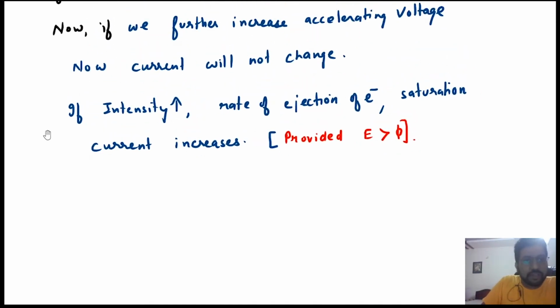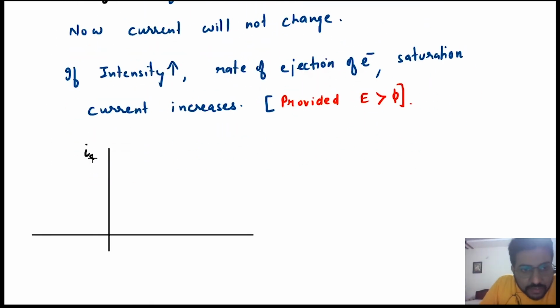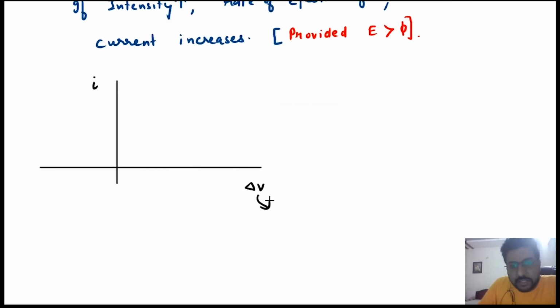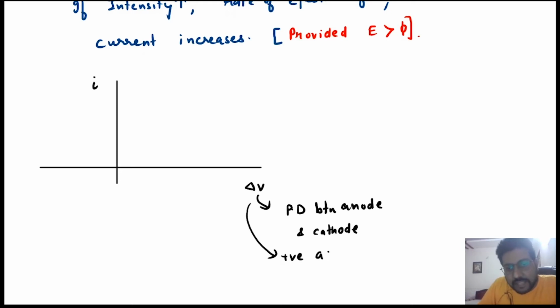Alright, so if I draw the graph, saturation photocurrent, or you can say current, and the potential difference between cathode and anode. So this is the potential difference between anode and cathode. If delta V is positive, you will say it is accelerating potential.